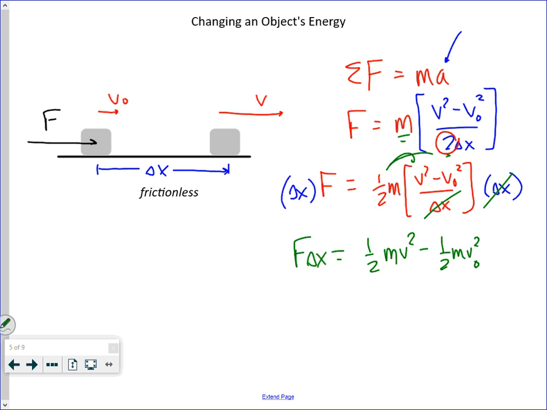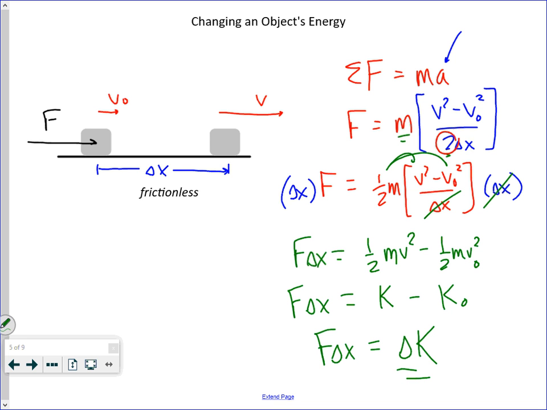I distributed that 1/2 m. Well, look at this. This is K final minus K initial, F delta x. And this says that F delta x is delta K.